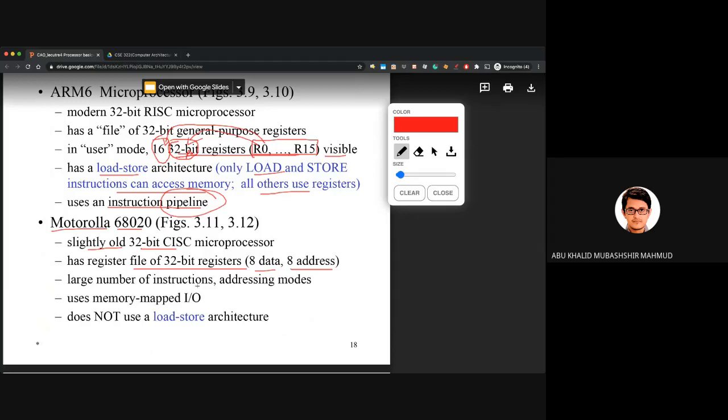That is, any data or address can access the memories. So it does not use the load store architecture. So you have to remember it a lot.